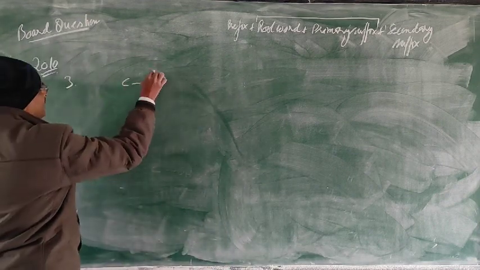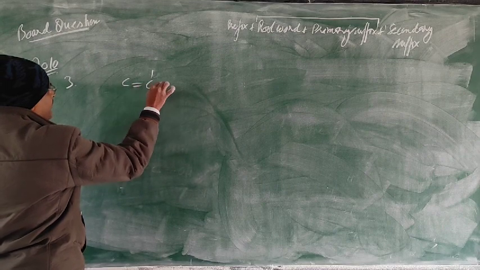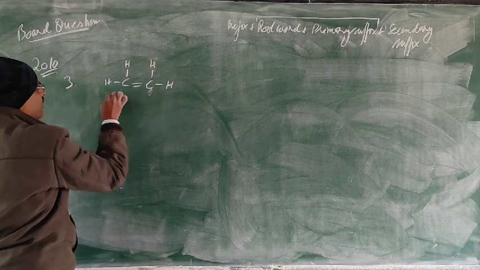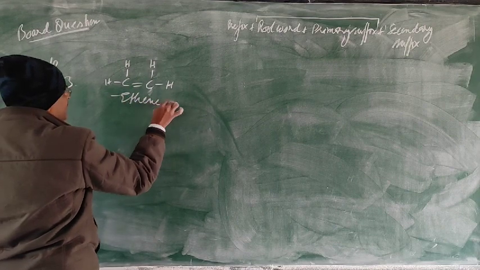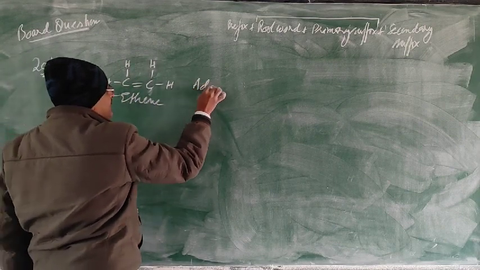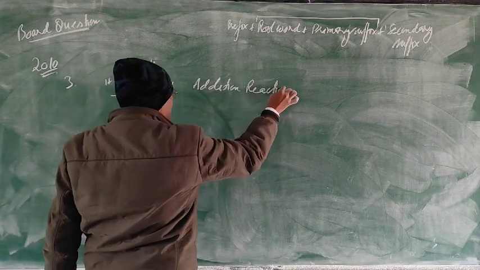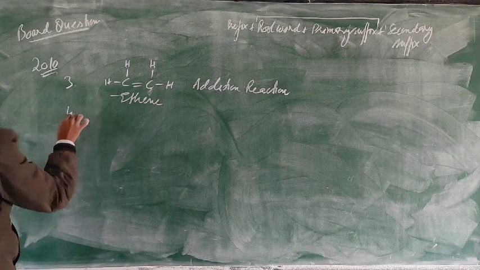So this one is ethene, and the type of reaction is addition reaction.